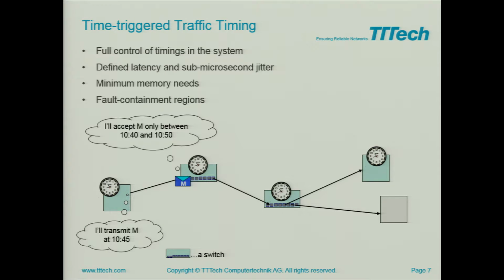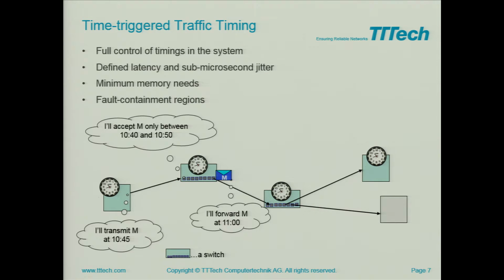So it opens a window and checks if the packet arrives within that window. If the packet doesn't arrive within that window, the switch assumes that this node is faulty and throws the packages away. This leads to a fault containment region, because this node can never transmit babbling packages or wrong packages into the network.